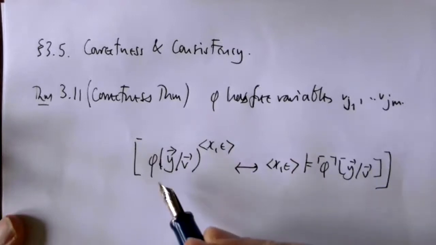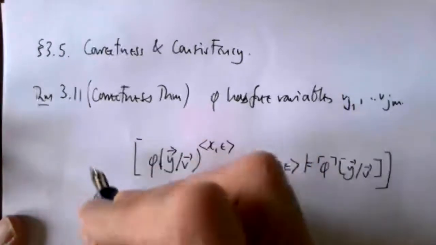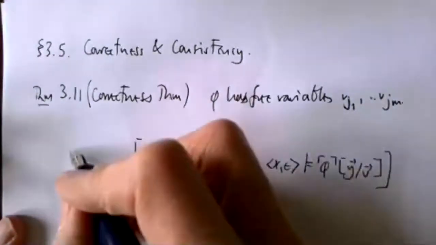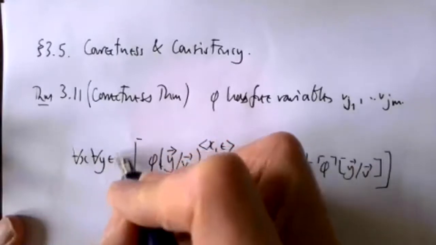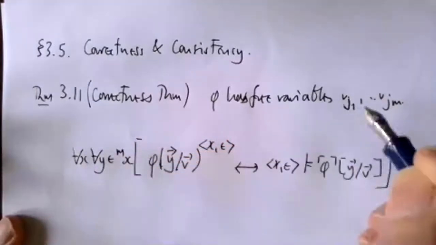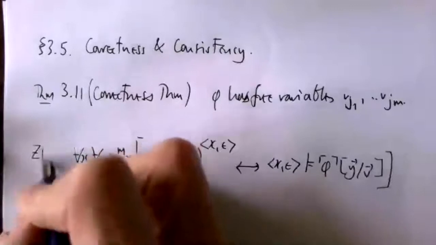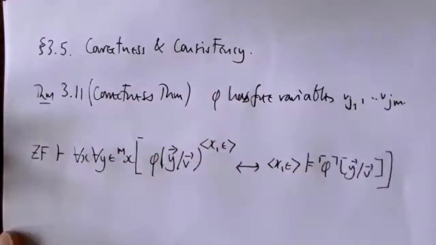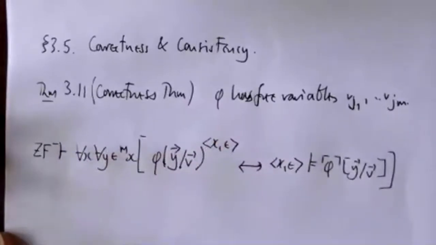And this is no matter what the formula is, or x, or what the y vector is. So this is saying for all x and for all y, which is an m-tuple from x, we can prove in ZF. Indeed, we don't need all of ZF, less would do really here.